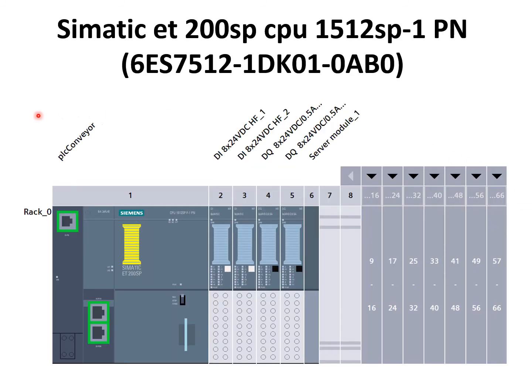Okay, at the end of this lecture, we'll go through a schematic of the ET200 SP CPU, which is a Siemens PLC that we have on the MPS 500 system.